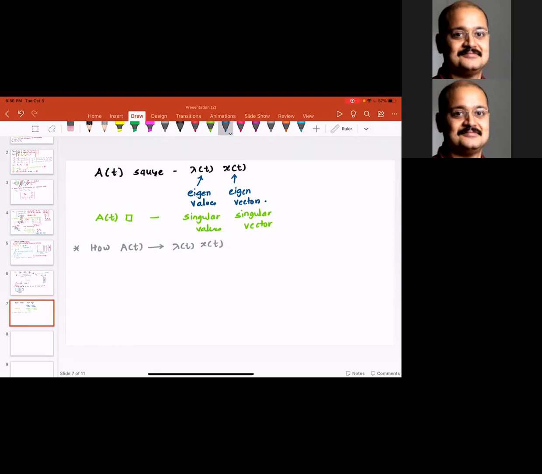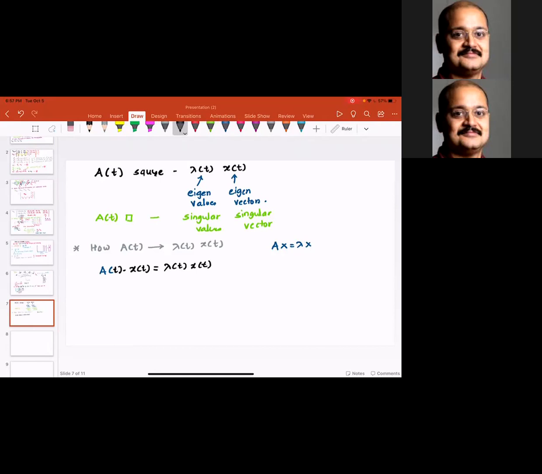Straight away, this is something that we want to understand. For a time invariant matrix, Ax is equal to lambda x, which means A is a constant matrix. For a time varying matrix, you will have A of t times x of t is equal to lambda of t times x of t.